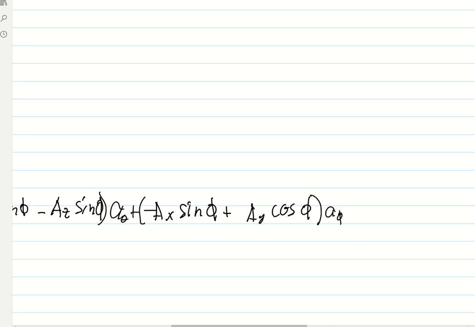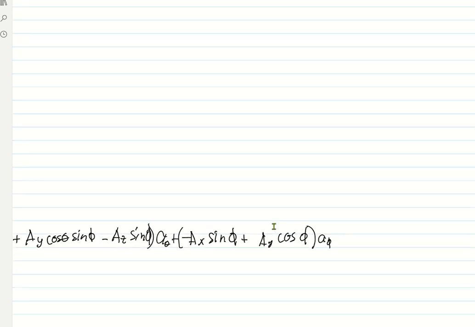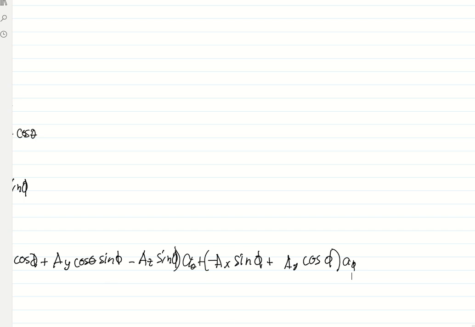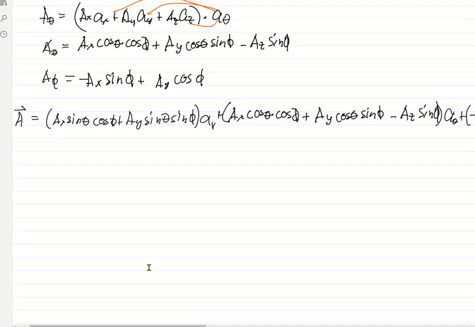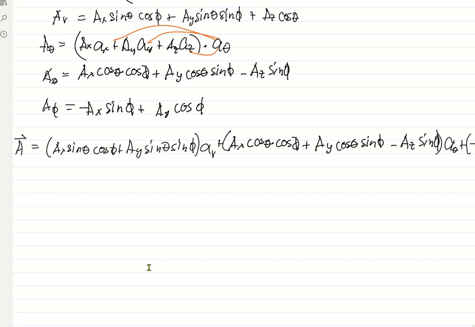So this is now our vector in the spherical coordinates. Those are the components of that. So this is how we convert vectors from a certain coordinate system to another coordinate system.